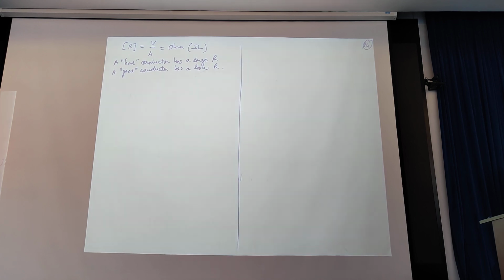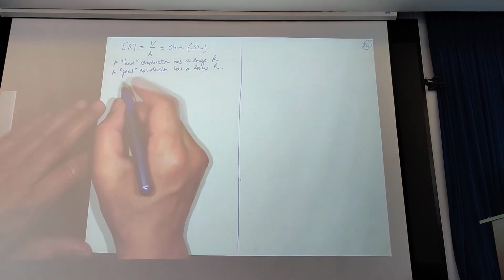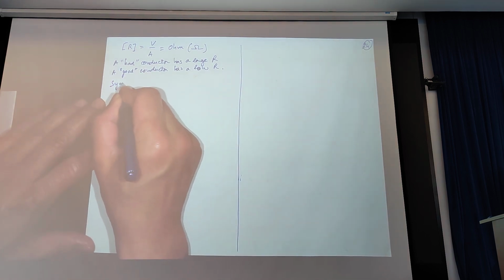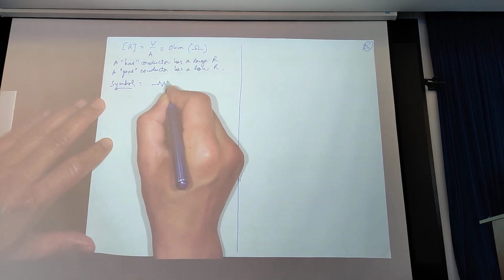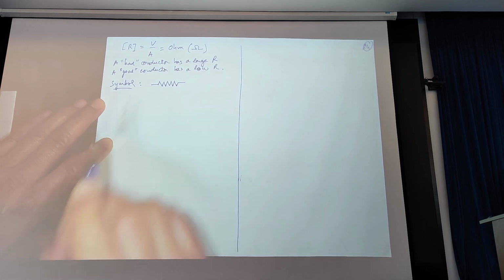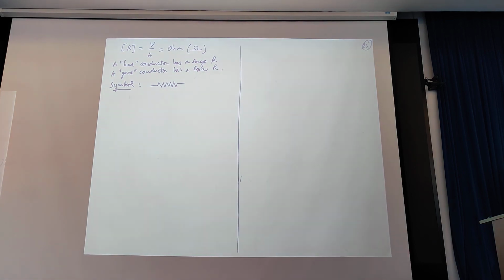The symbol of a resistance is like this. And of course, you can guess that a wire of copper is a very good conductor, and the resistance is very close to zero.